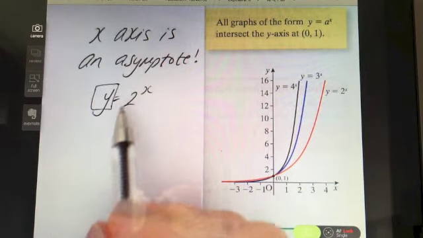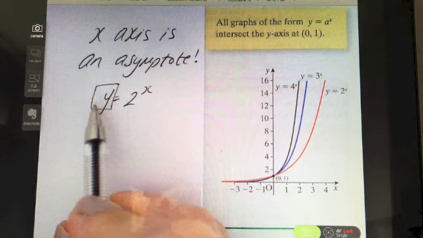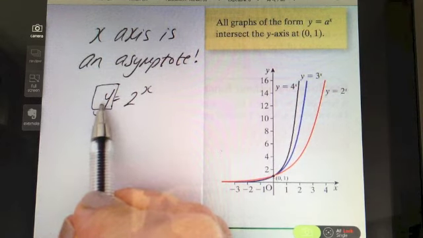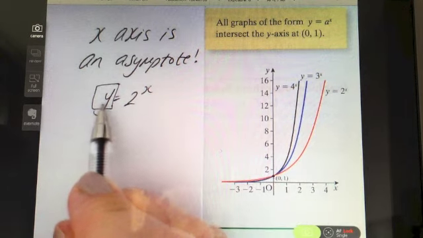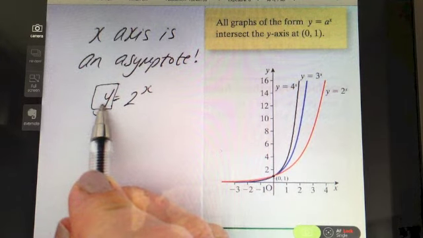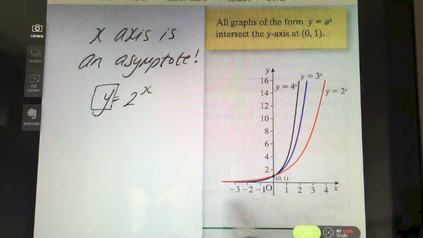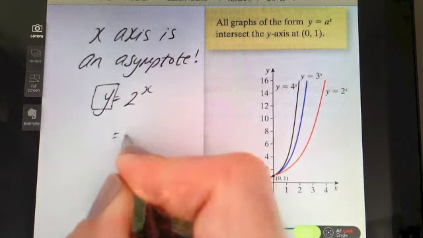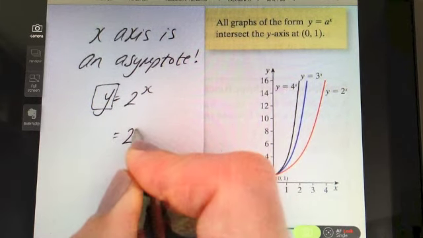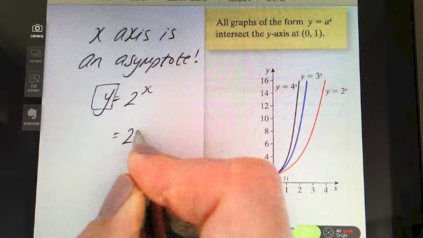That means 2 to the power of something will never equal a 0 result, because if it did, it would cut the x-axis, and it will never equal a number below 0, or it would go through the x-axis and be down here in the negatives on the y. So, for example, we've already seen that 2 to the power of 1 is 2, 2 to the power of 2 is 4, 2 to the power of 3, and so on.